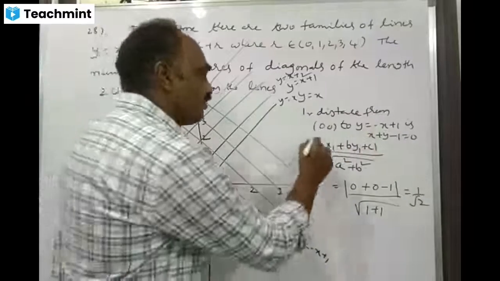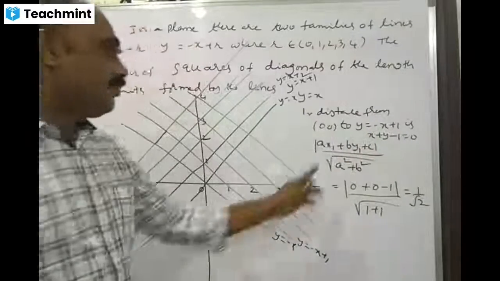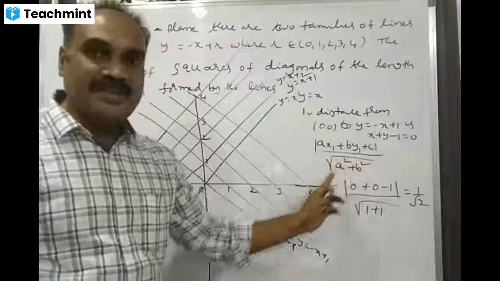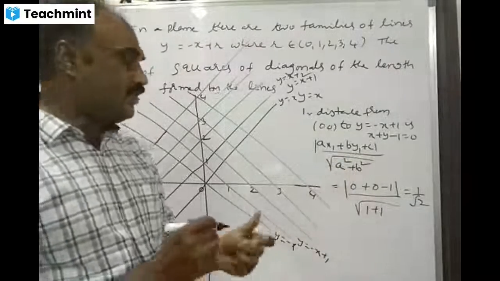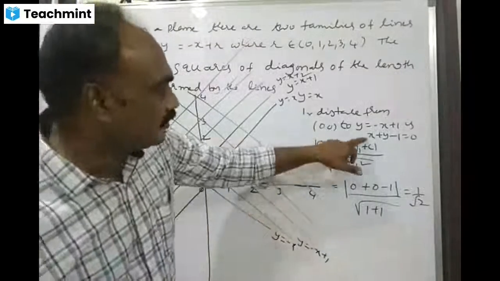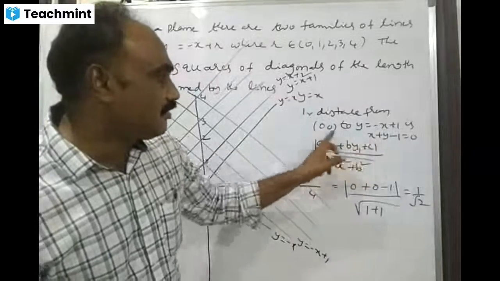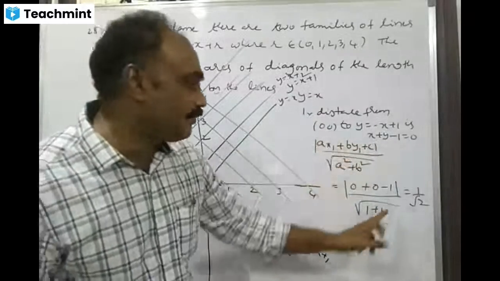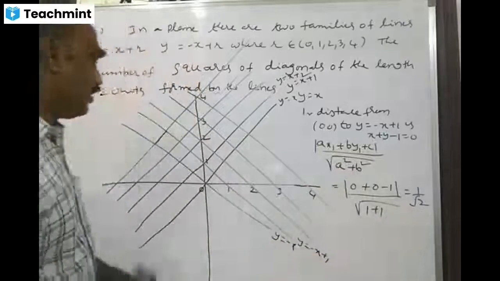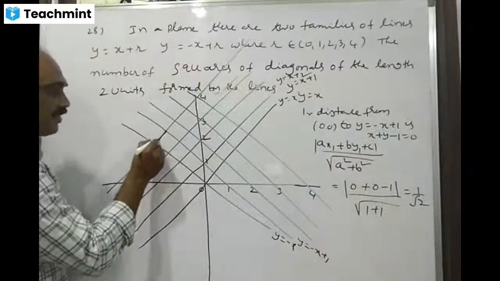So that is the perpendicular distance formula: mod of a x1 plus b y1 plus c by root of a square plus b square. Here a is 1, x1 is 0, b is 1, y1 is 0, minus c by root of a square plus b square. So here this length is 1 by root 2.